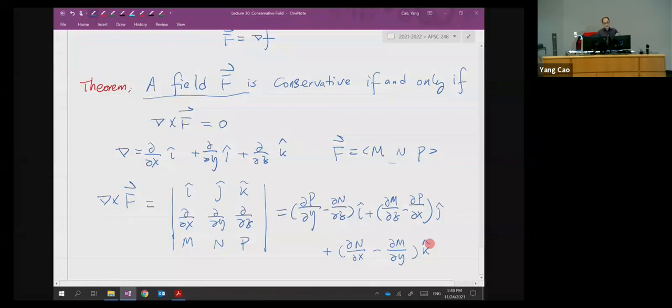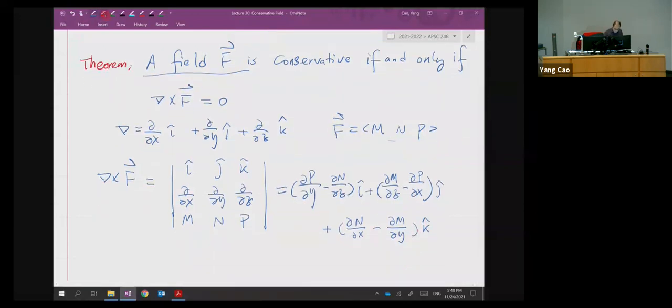This is the result of this 3 by 3 matrix determinant, and that's the result of del cross F. As we're going to learn, this one also has a name. This is called the curl of F.